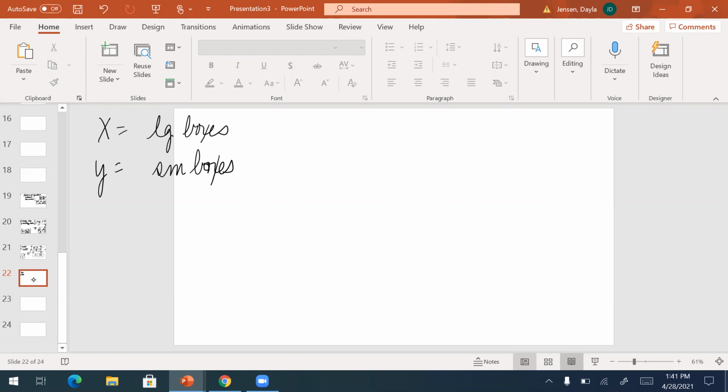Okay. A delivery of 3 large boxes. So this is the number of large boxes, the number of small boxes. A delivery of 3 large boxes. So 3x and 5 small boxes. So 5.